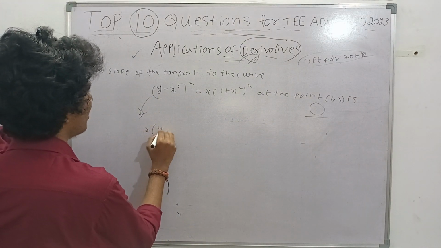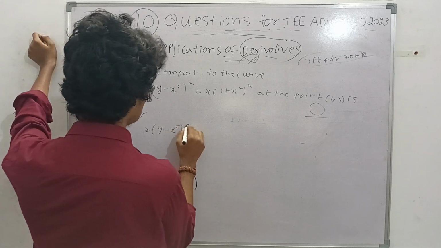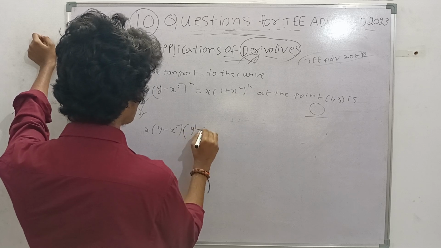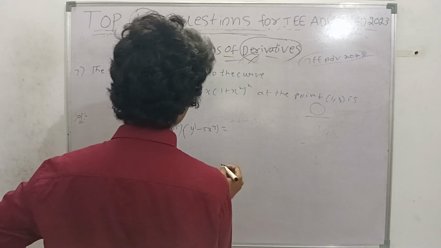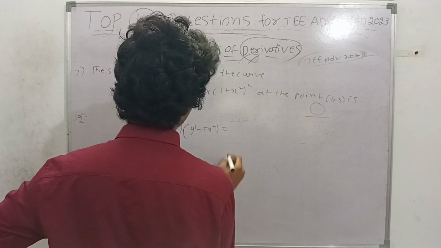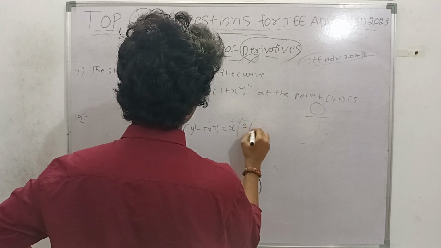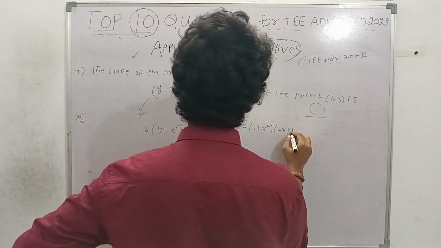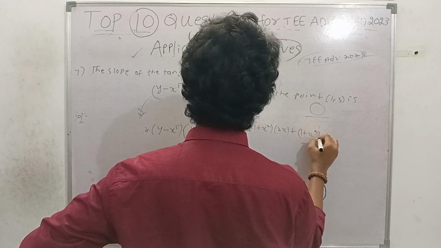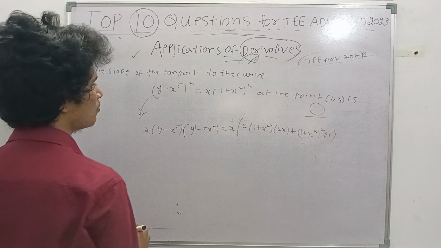It will be 2 into (y minus x power 5), and inside it will be y dash minus 5x power 4, equal to x into 2 into (1 plus x square) into 2x, plus (1 plus x square) whole square into 1 here. Now what you have to do?